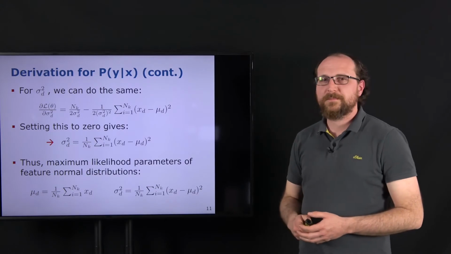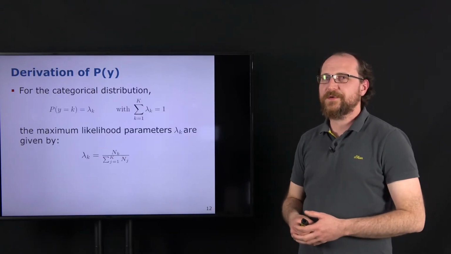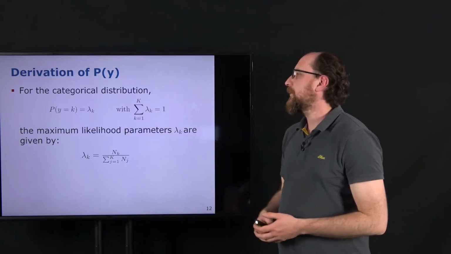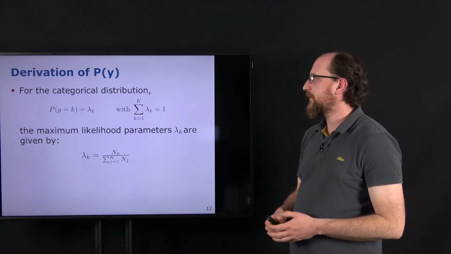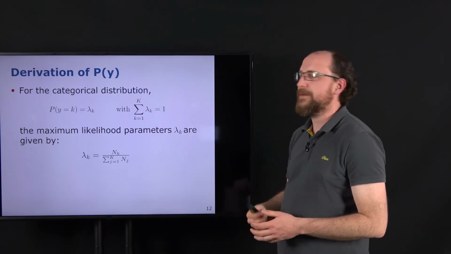For p of y, I'm skipping a little bit of the derivation because we have this constraint here. So there we are using the Lagrange multipliers to ensure that the lambda k sum up to 1.